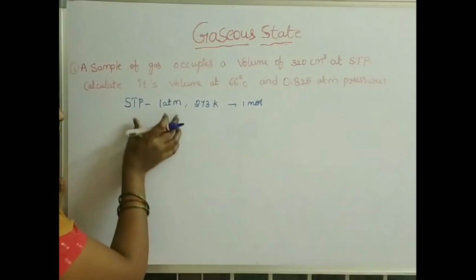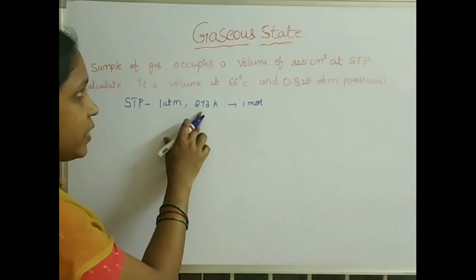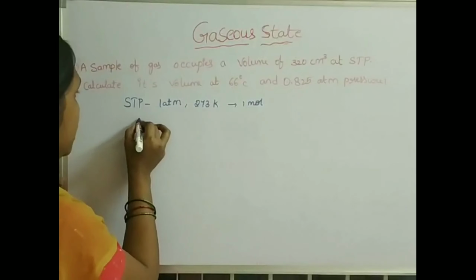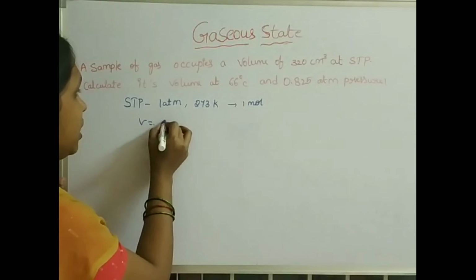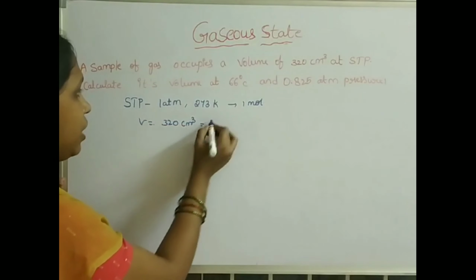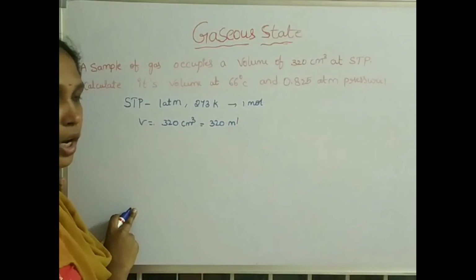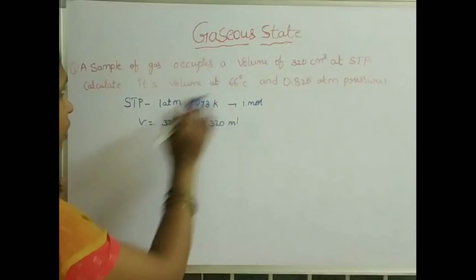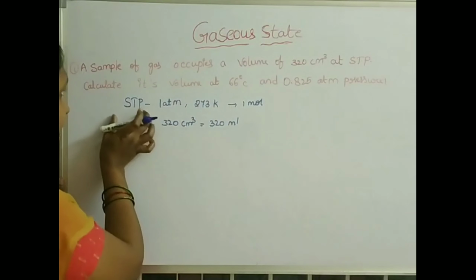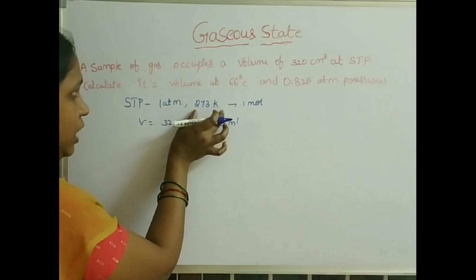For 1 mole of gas at STP, the pressure is 1 atmosphere and the temperature is 273 Kelvin. And the gas occupies a volume he gave, 320 cm³. Centimeter cube means ml, so 320 ml. And here, calculate its volume. We know at STP the volume, pressure and temperature of the gas.